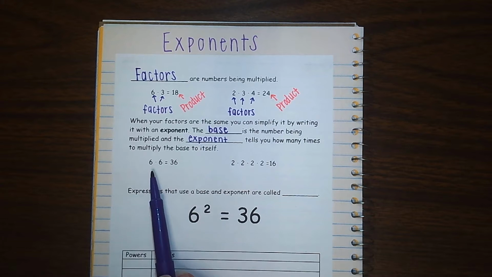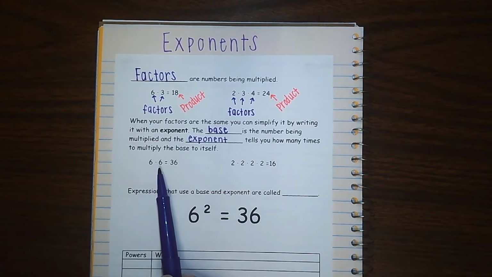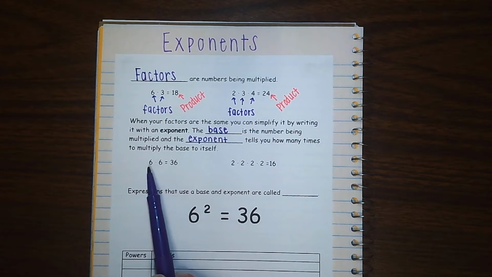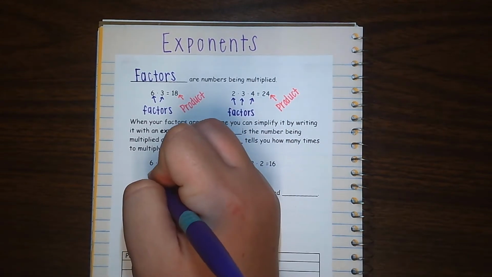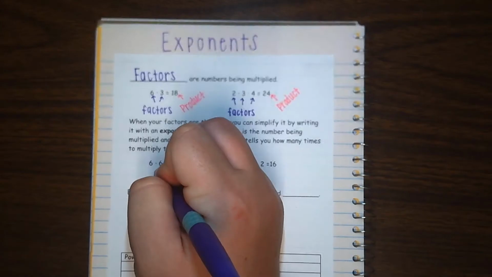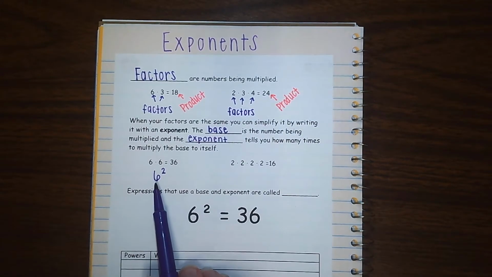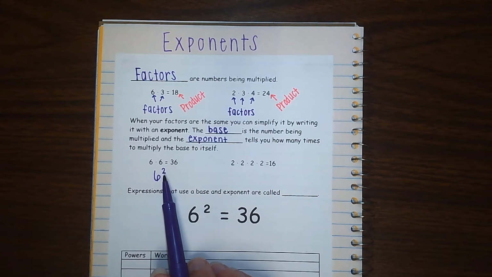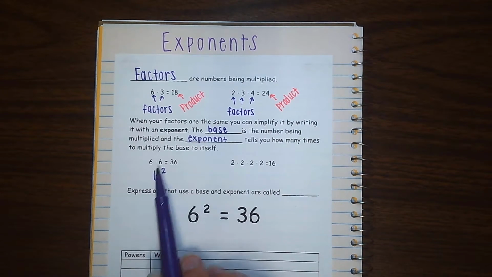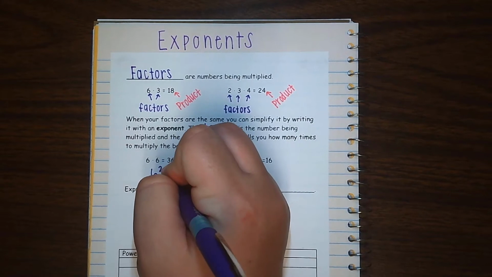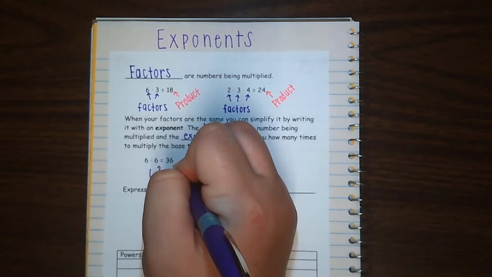So we have some examples down here. We have 6 times 6. That is repeated multiplication. We see 6 2 times. Our base is the number being multiplied, and our exponent tells you how many times. 1, 2. And that still equals 36.